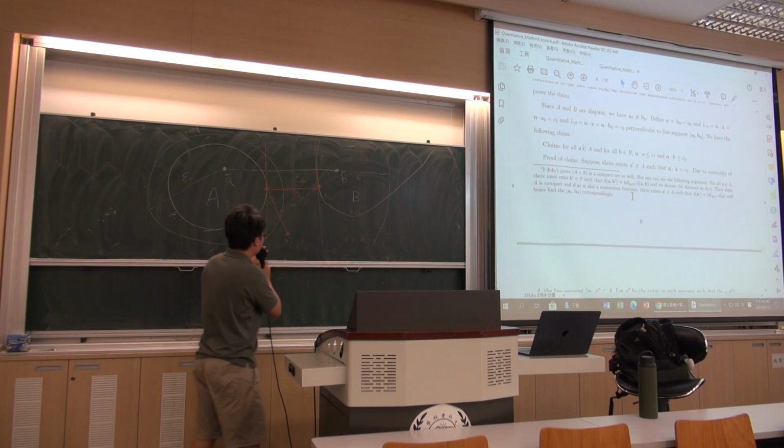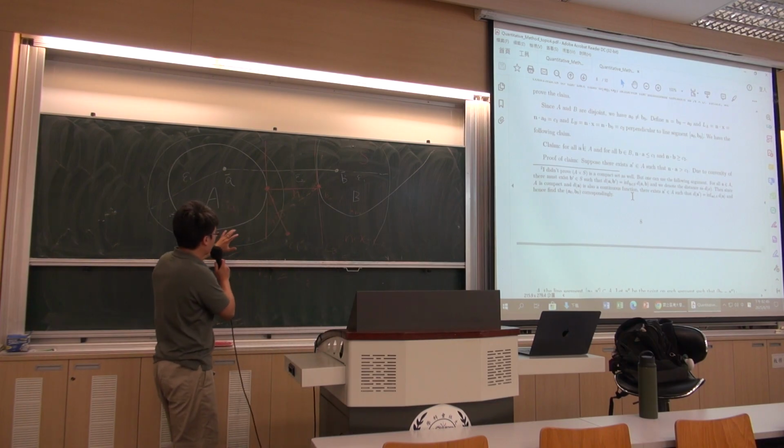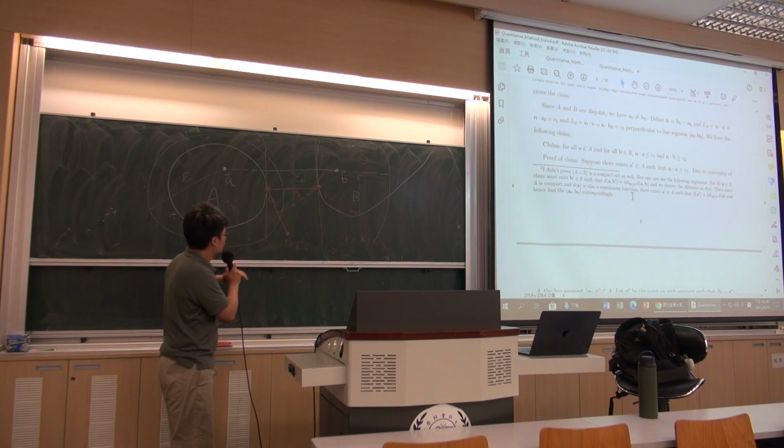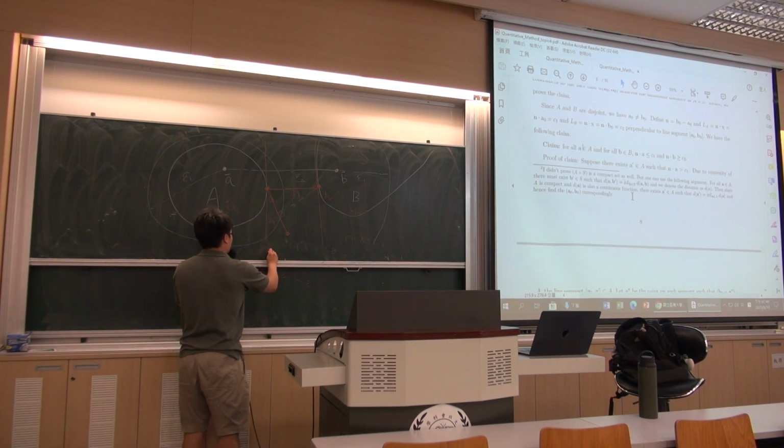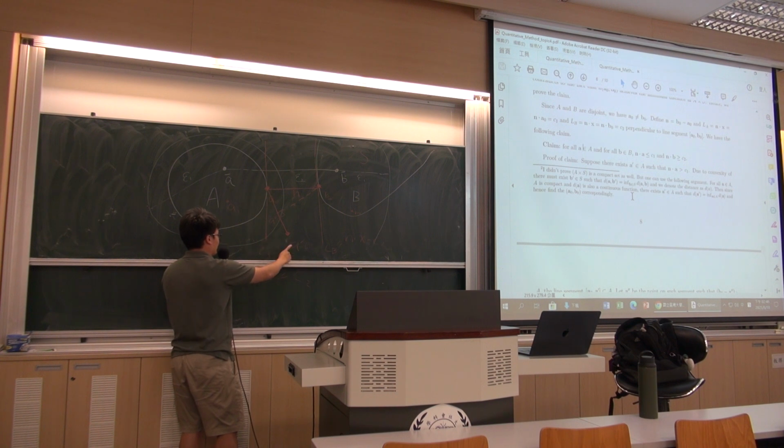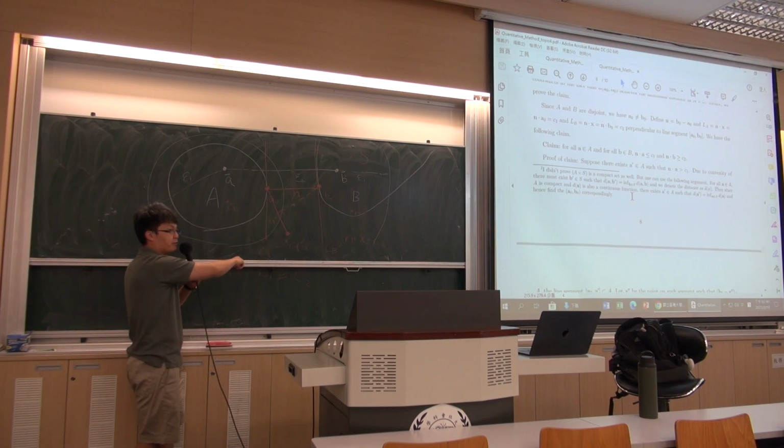So how to prove it? Suppose we have a point, A prime, that is in A, and when we plug it into the hyperplane L_A, we find that it is actually greater than C1. That means it will fall on the right side of this plane, right?